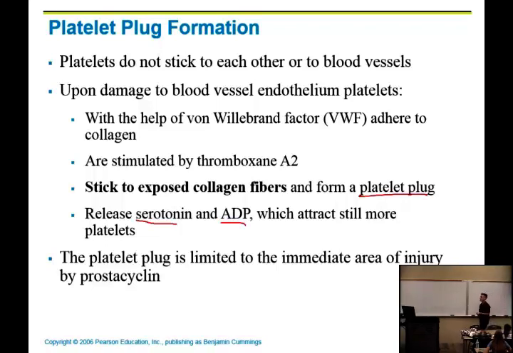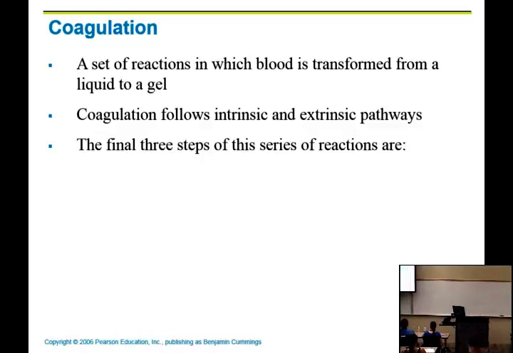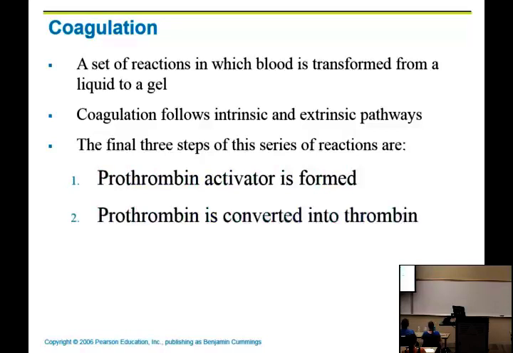So after the platelet plug, we get to the third step, which is actually clotting or coagulation. Now, like we said, this is a little bit more complex as opposed to just platelets jamming themselves in there. In this case, we're actually turning components of the blood from kind of a liquid soluble form into a solid form to form a scab or a clot, something that's going to cover up that hole. So what we find is that there are three main steps to this reaction.